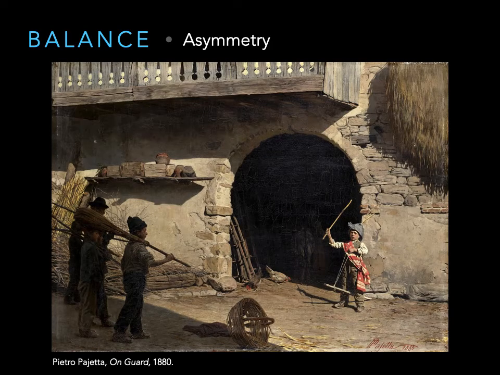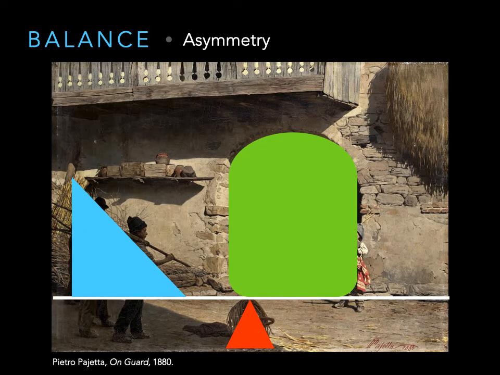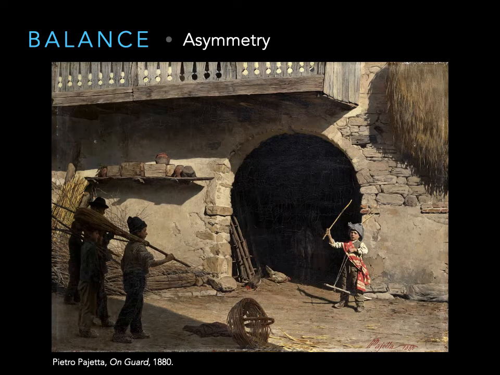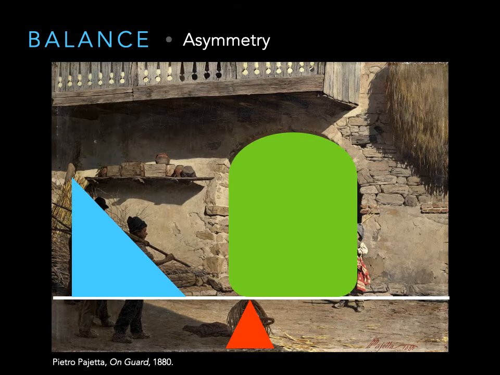All right, here we've got balance with asymmetry, and we can look at it with that fulcrum idea and the teeter-totter. Major dark mass there around that smaller figure, big dominant element, and then the grouping of those three characters on the left in a sort of triangular shape.